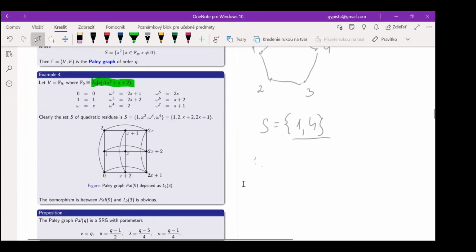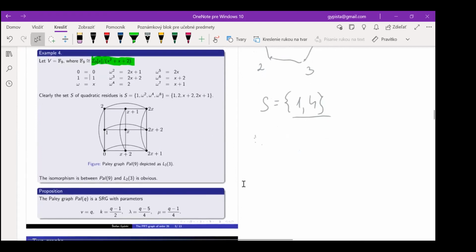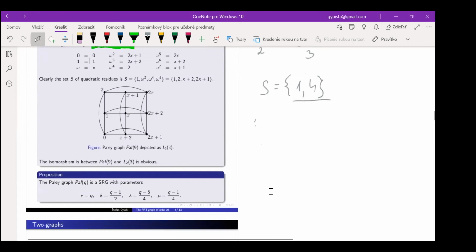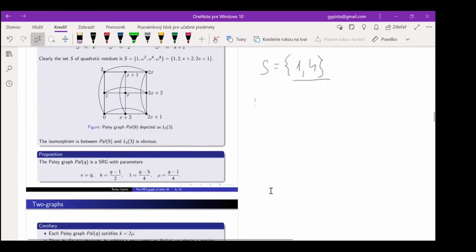So it is quite a nice graph, and it is not hard to check that the Paley graph of order q is a strongly regular graph with parameters which are linear functions of q. And an important property is that here the degree k is precisely double the parameter mu. So that's why we are considering them at this place.